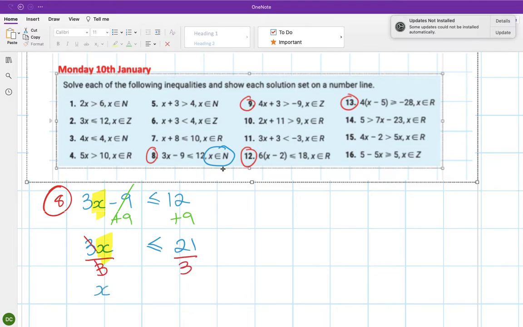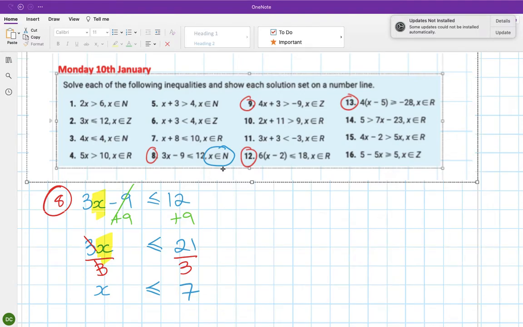So then x, and I've just copied the sign every time there. Okay, so translating that is x is less than or equal to 7.